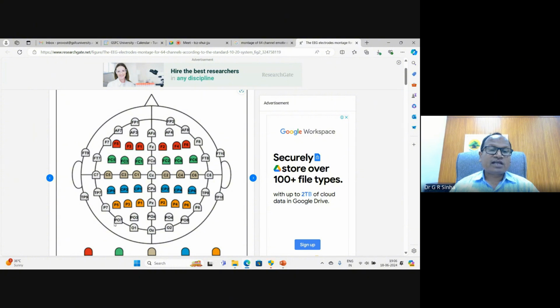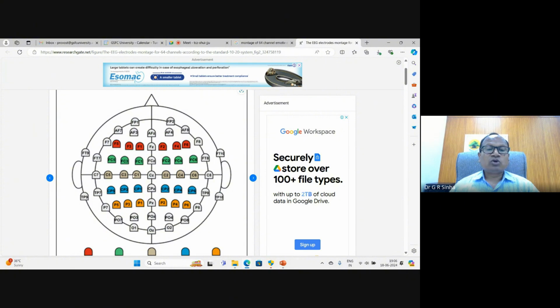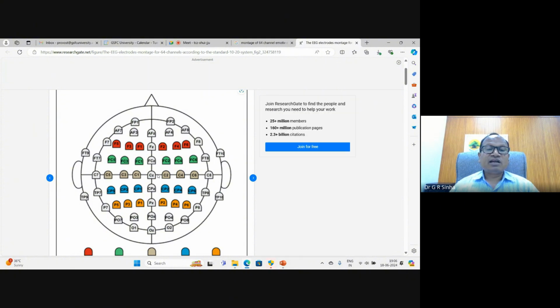PO7 is also an interconnection. Similarly, look at this FC3. FC3 is a combination between frontal and central. This side is the central area. And similarly, other areas you can see something else. TP is temporal and parietal.